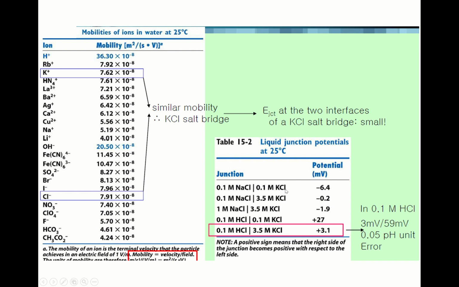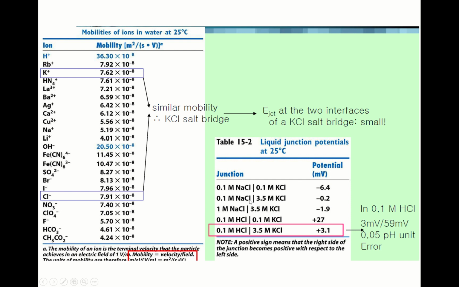So the chloride concentration is the same, and chloride is the common anion. So the junction potential only depends on the mobilities of sodium ion and potassium ion. This is the calculated one, minus 6.4 millivolt.